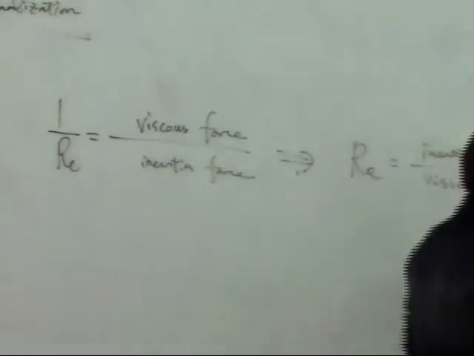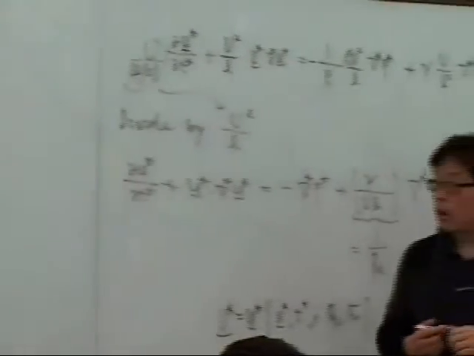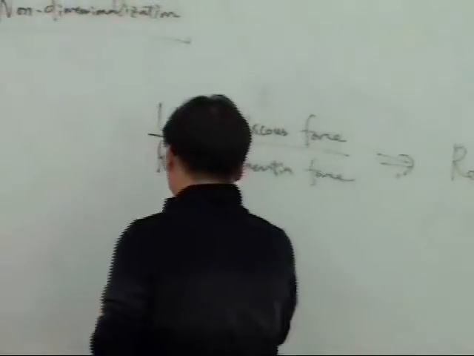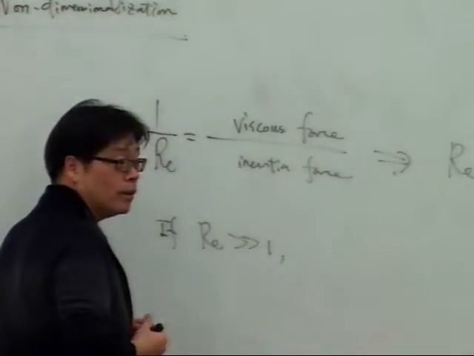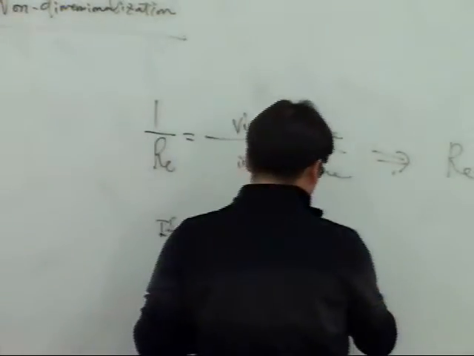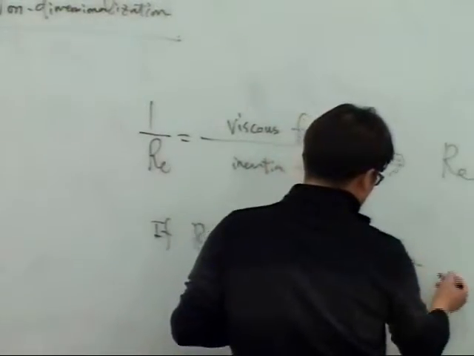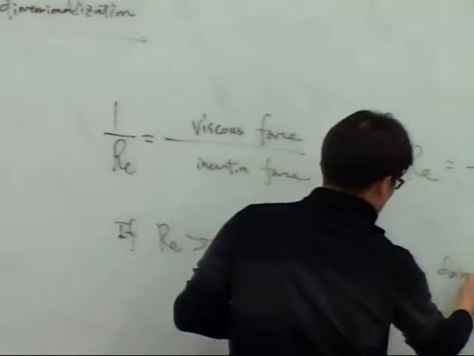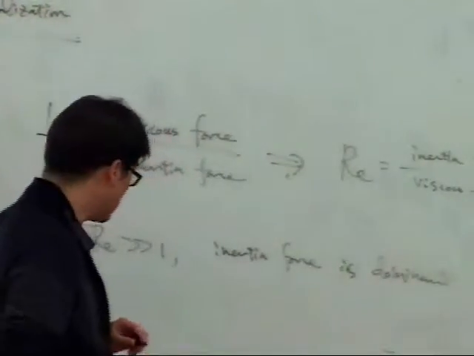So sometimes Reynolds number can be very large. Sometimes Reynolds number can be very small. If Reynolds number is much greater than 1, like 10 to the 7th and 8th, then the inertial force is much more important than viscous force, or inertial force is dominant.